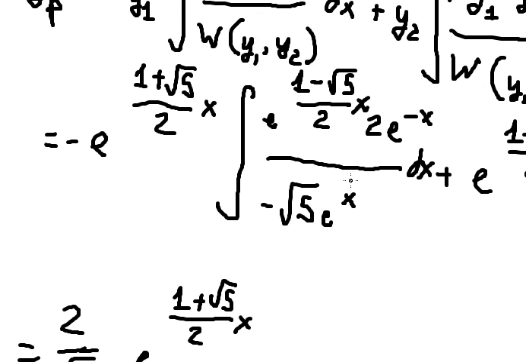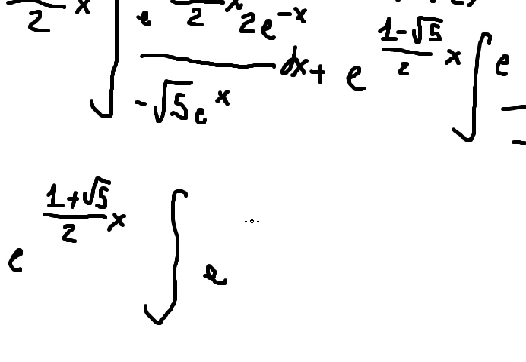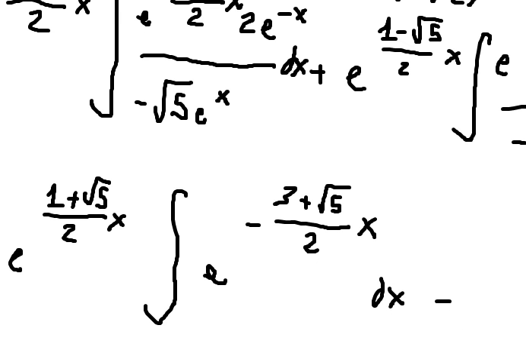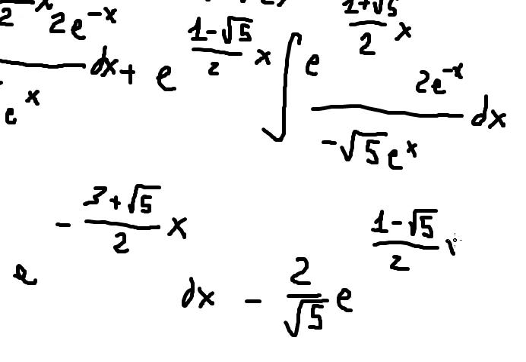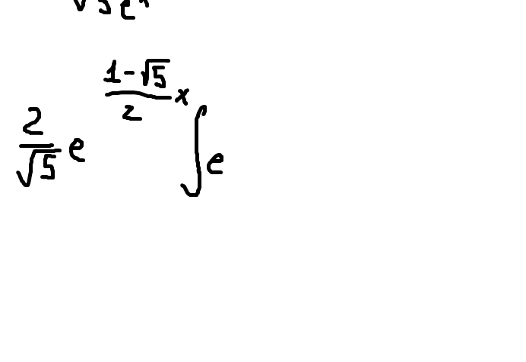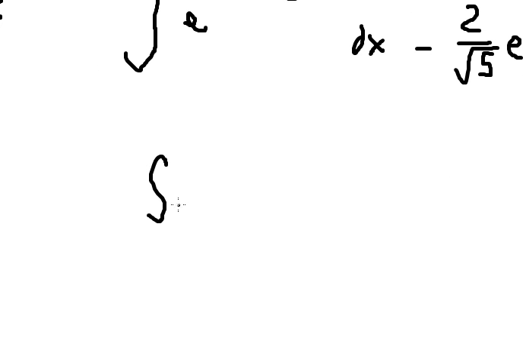So this one, we simplify the power. So we have e to the power of negative 3 with the square root of 5 over 2 s ds, and the second one we do the same: negative 3 plus the square root of 5 over 2 ds.